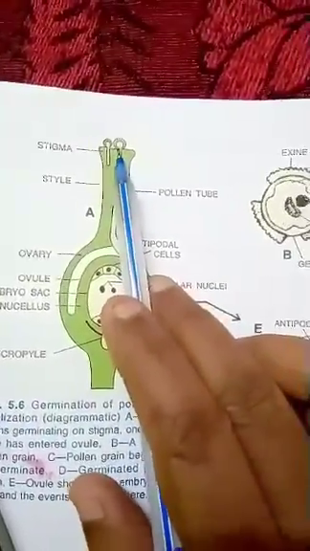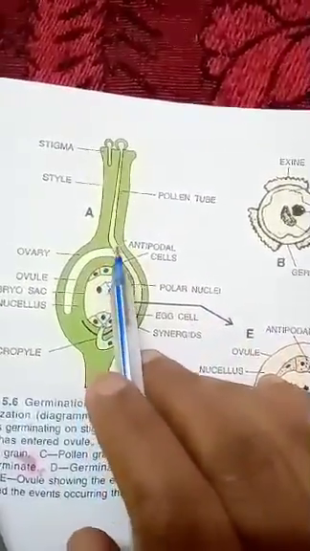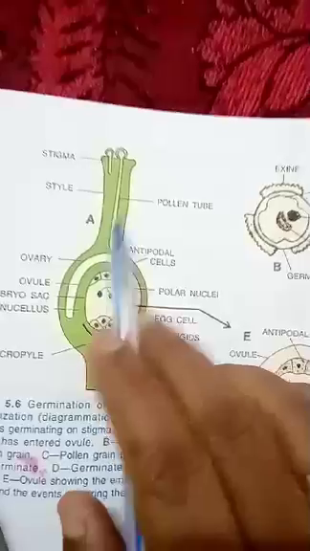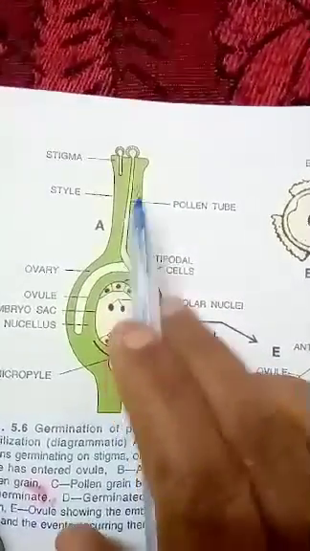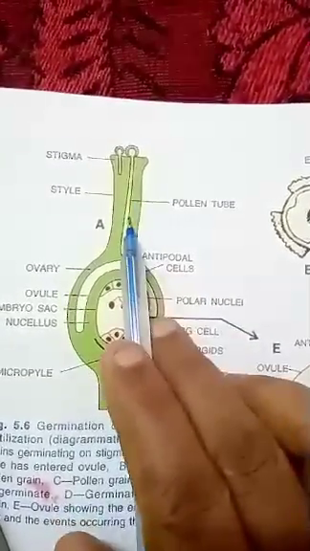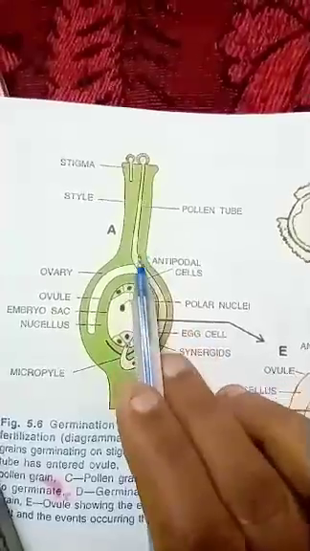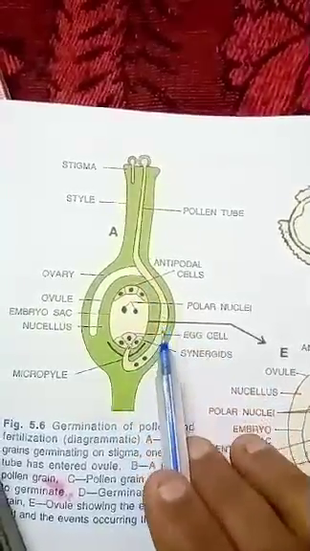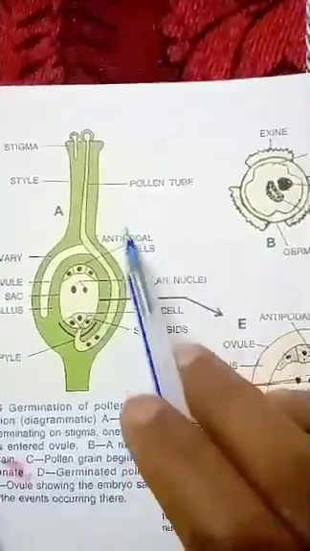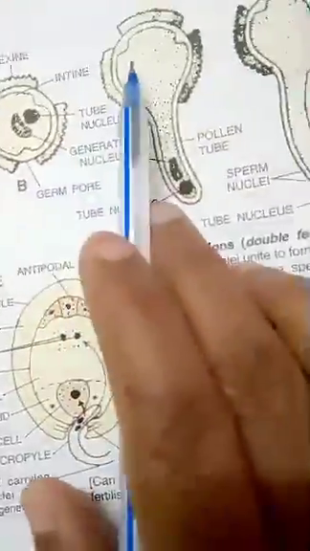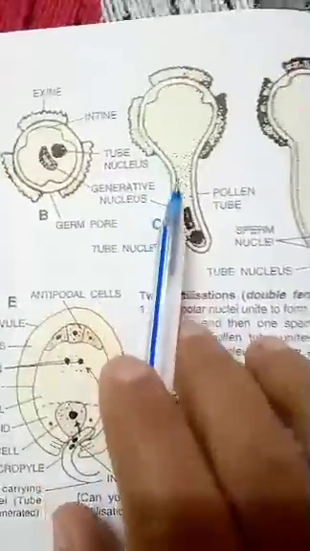When in this condition the pollen grain falls on the stigma, then by receiving this sugary syrup, the pollen grain will form a pollen tube. This pollen tube will pass through the style of the carpel of the pistil, and it will go on increasing in length. See this diagram, the pollen tube is formed.